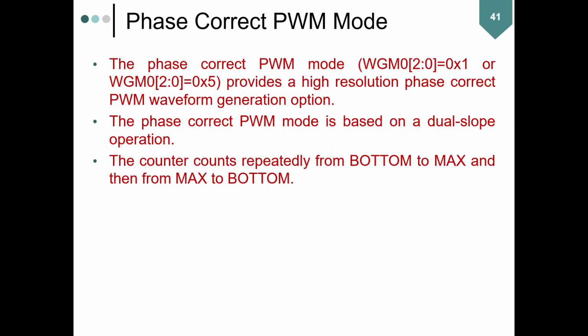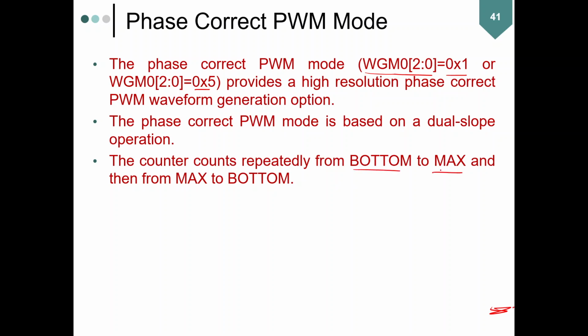The last mode of operation is the phase correct PWM mode, and it again has two different variants, depending on whether we set the waveform generation mode pins to 01 or 05. Now, how does this operation work? Let's discuss it. First of all, the counter goes from bottom to max.